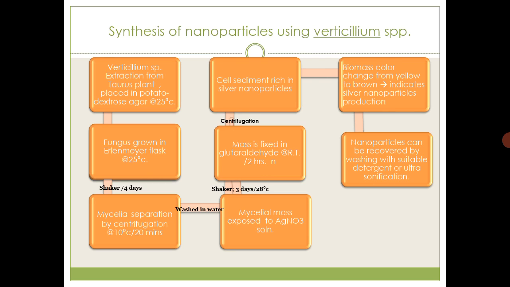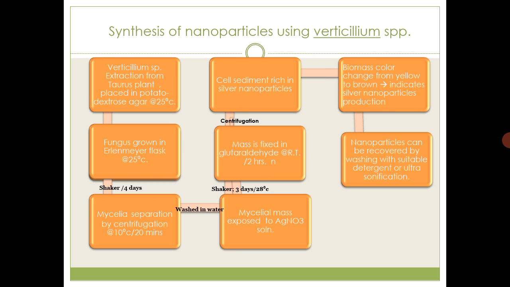After 2 hours in the glutaraldehyde medium, we will centrifuge this mass which was exposed to the AgNO3 solution. After this, we will get the cell sediment which is rich in silver nanoparticles.